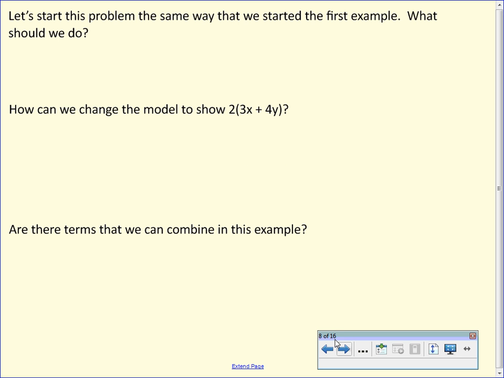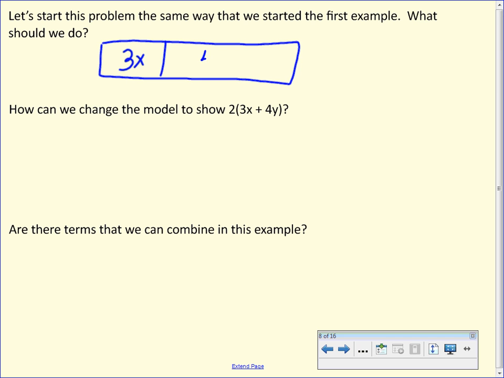Alright, so let's solve that. We want to find an equivalent expression that means doubling 3x plus 4y. So let's do it the same way. First, let's draw 3x plus 4y. So here's my model. I'm going to make my 3x a little bit smaller than my 4y. So that is 3x plus 4y. Does everybody agree that's a model?